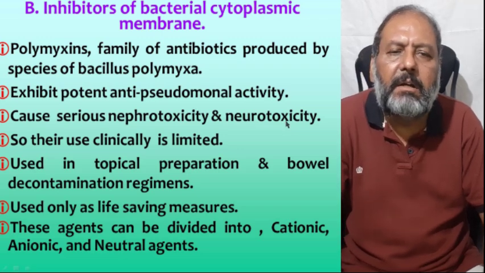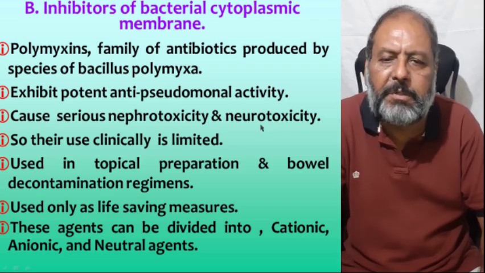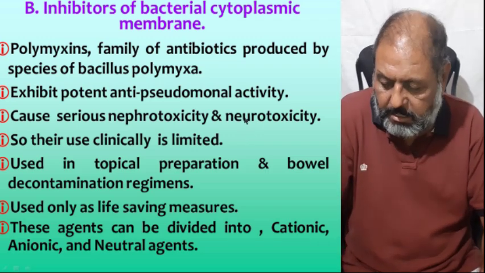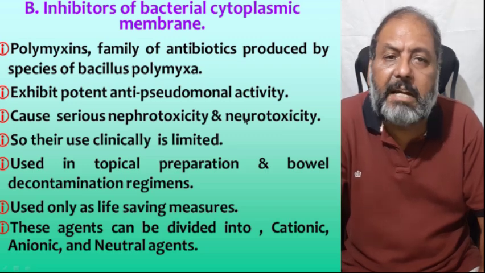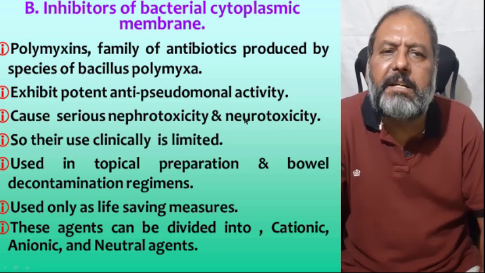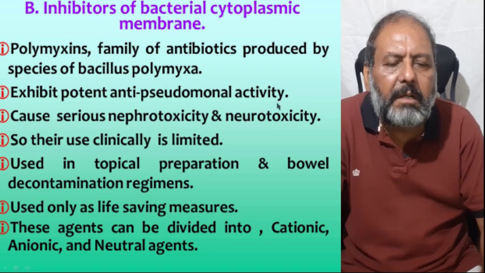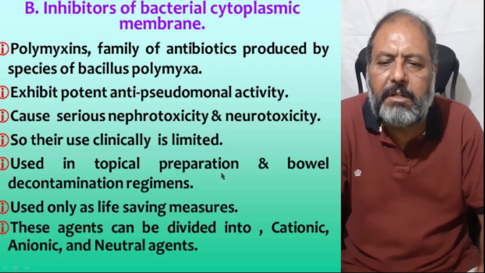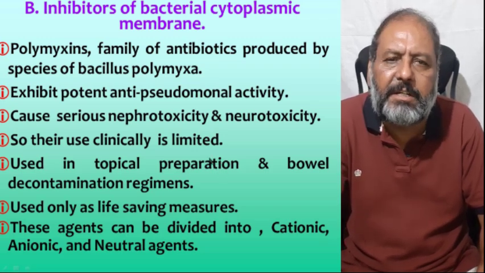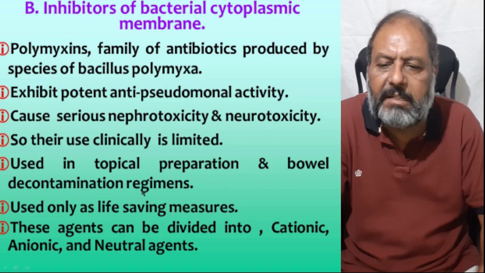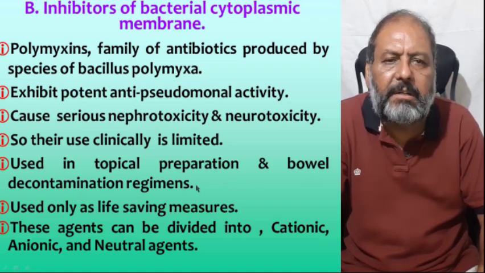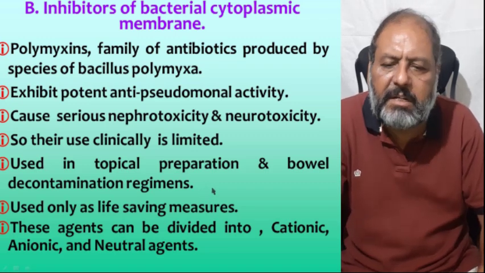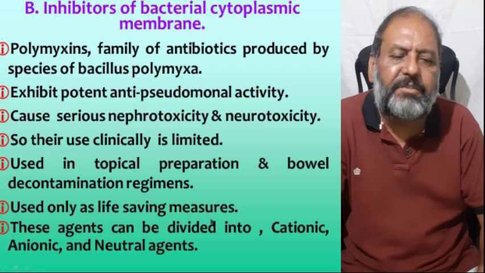Now, polymyxins are a family of antibiotics produced by the species Bacillus polymyxa, a bacteria which produces this antibiotic but does not kill itself. It exhibits potent anti-pseudomonal activity, but causes serious nephrotoxicity and neurotoxicity, so its clinical use is limited. It is used in topical preparations and the bowel decontamination regimen, where it is very important and unavoidable, so used only as a life-saving measure.